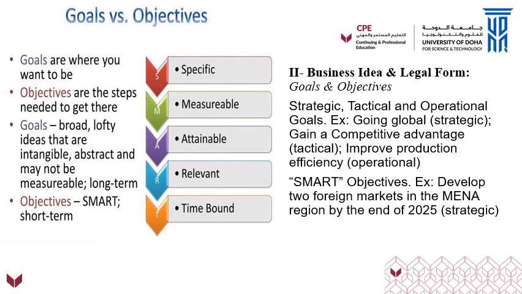That is strategic. A tactical goal as well as a tactical objective is more intermediate. It's also about the time horizon, but this time the deadline is maximum 3 years. It goes from 1 year to 3 years, and that is what we call a tactical goal.